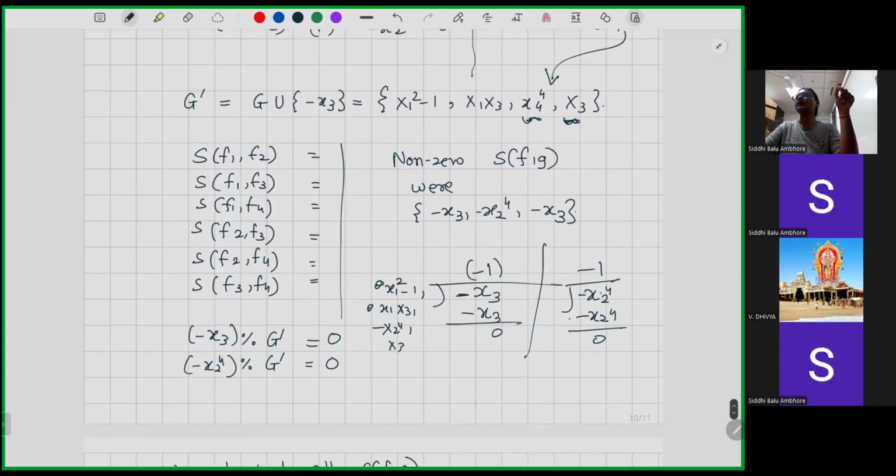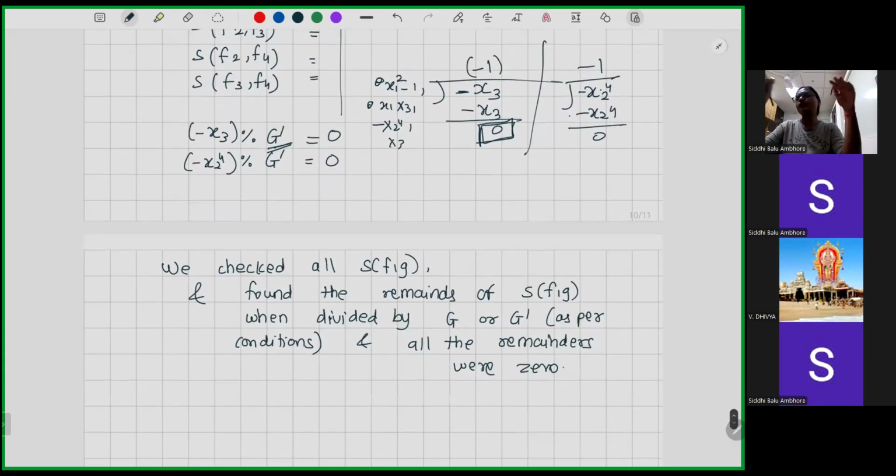And now when we get a non-zero S pair, I divide it with this new g dash, which has h in it. Since we had this h added here, which was giving me a non-zero remainder earlier, I'm getting 0 now. And that's when we stop, right? When all the remainders are 0 when we divide by elements of G. Is it okay?